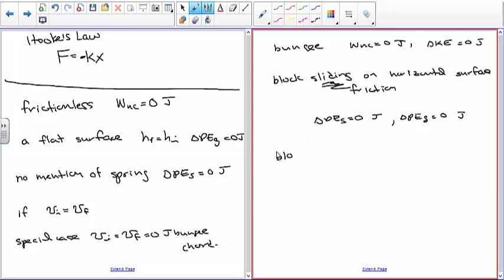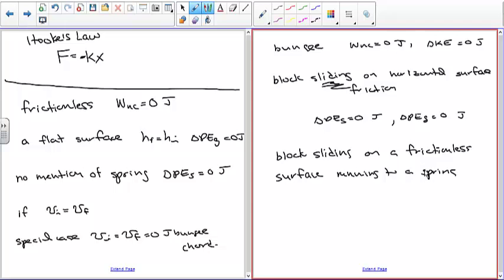Then you could look at a block sliding on a frictionless surface running into a spring. So there you're talking about something sliding along at constant velocity, and then it hits a spring, and the spring compresses.